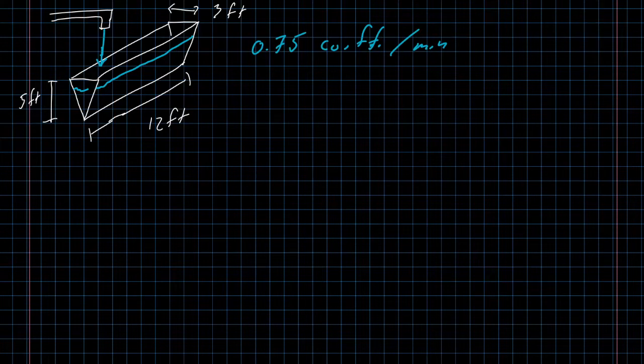All right, so we are currently filling the trough. We know that the top of the trough is 5 feet tall. The top of the trough is open 3 feet wide. We are somewhere not full yet. Let's say that we are currently filled to a depth of 4 feet and we're still filling it up.